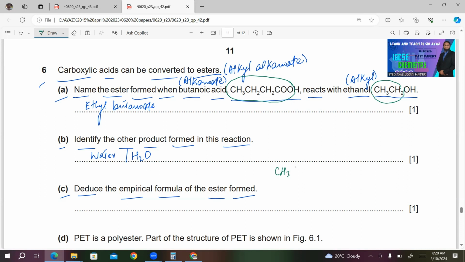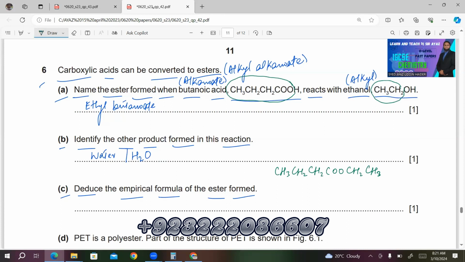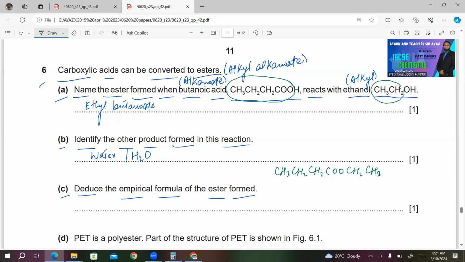So the formula will be CH3CH2CH2COOCH2CH3. Now I am writing the molecular formula. How many carbon atoms? 1, 2, 3, 4, 5, 6. So you'll have C6.